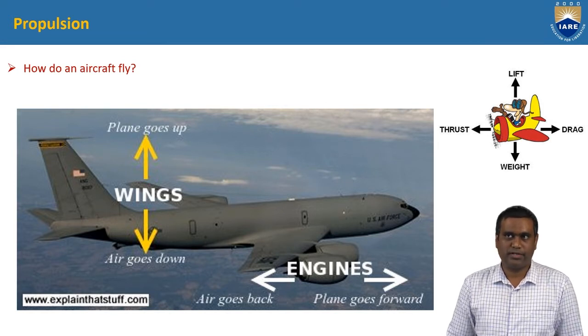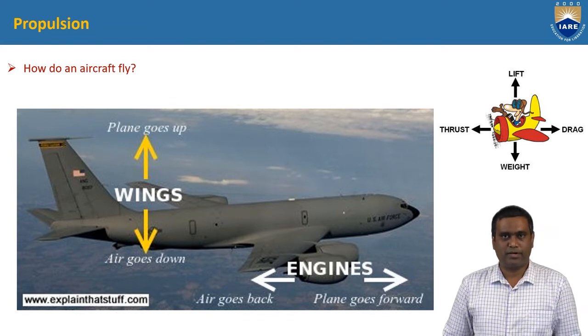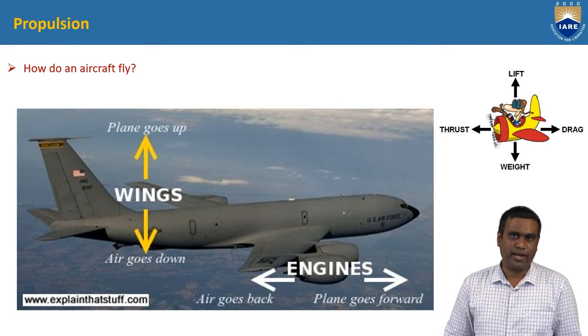Two are natural, that is weight of the aircraft, and drag, that is a resistance by atmosphere to any moving body. Right? Weight and drag. And two artificial forces are provided, which make the aircraft fly. That is thrust and lift. Thrust is supported by aircraft engine, and lift is by the aerodynamic shape of the wings.